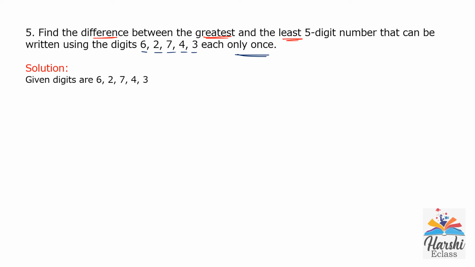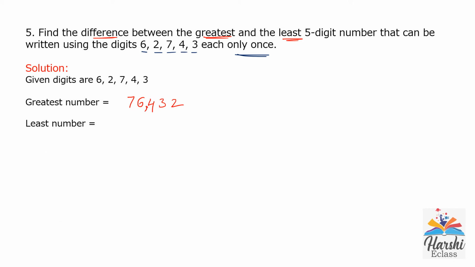Solution. Given digits are 62743. Greatest number. How to make the greatest number? For that, we will write the given digits from greatest to the least. 7, 6, 4, 3, 2. That is, the greatest 5-digit number here is 76,432.